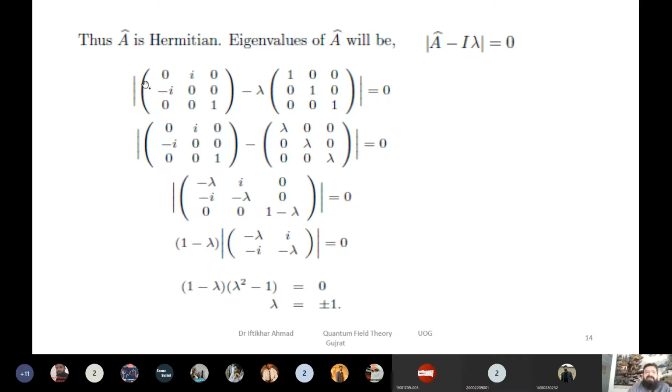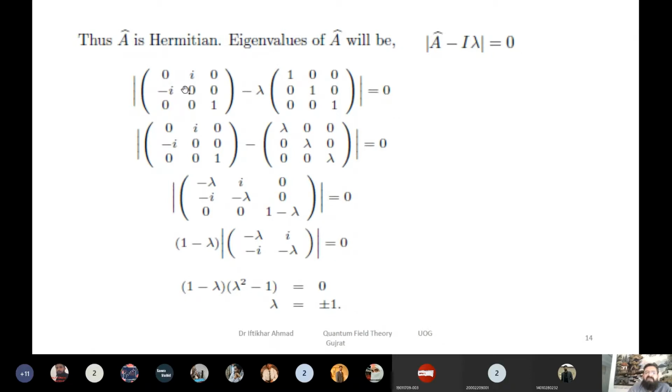So the next one, if a is a Hermitian operator, how can you find the eigenvalues? Every matrix you can represent in this form, it means the determinant of a minus lambda I. Suppose lambda is the eigenvalue and a is any matrix. So how can you get it? Determinant of a minus lambda I equal to 0.